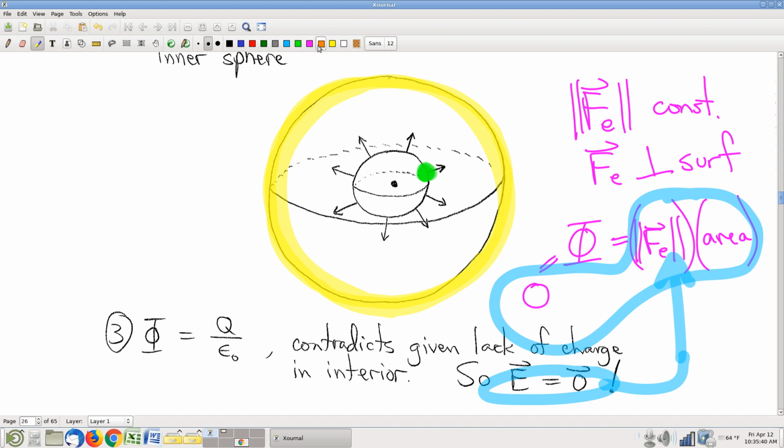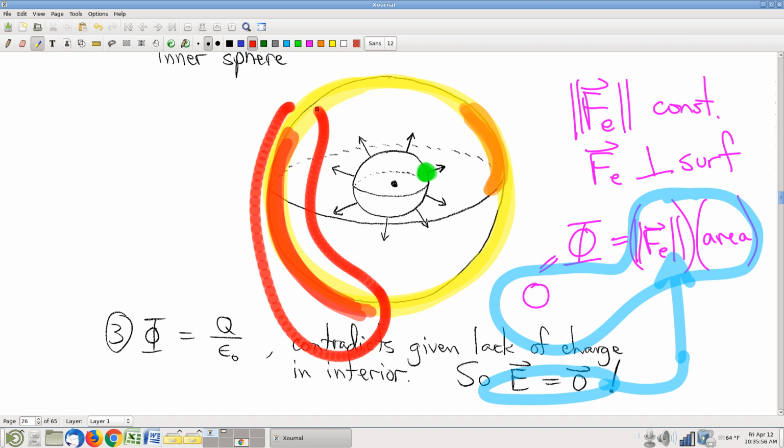So it's closer to these charged particles, which are pushing one direction. It's farther from these charged particles that are pushing the other direction. There are more of these charged particles pushing that way. There are fewer charged particles pushing that way.